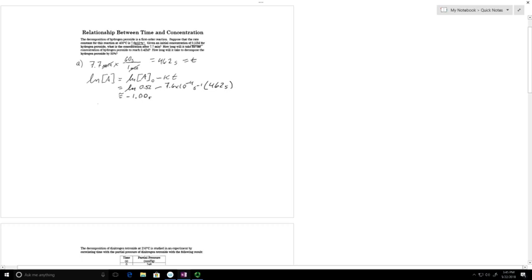So we're going to say that the concentration of A is equal to e to the negative 1.005 power, which gives us about 0.366, which gives us our final answer being 0.37 molar.